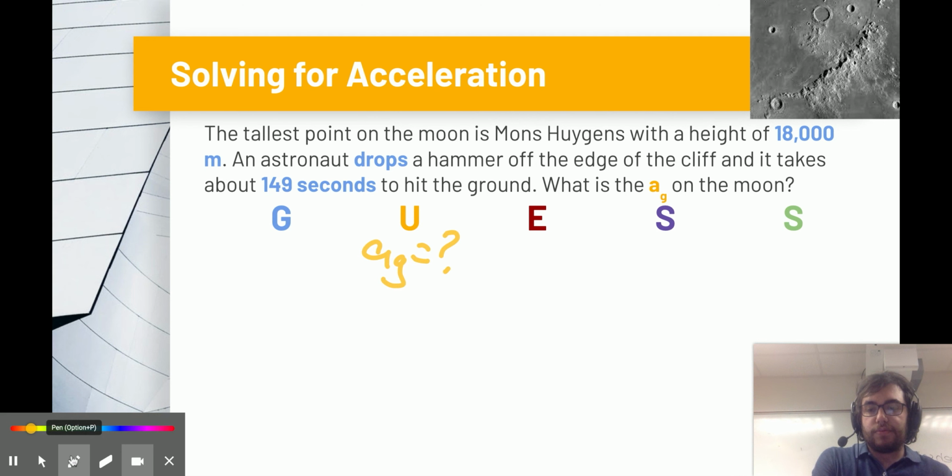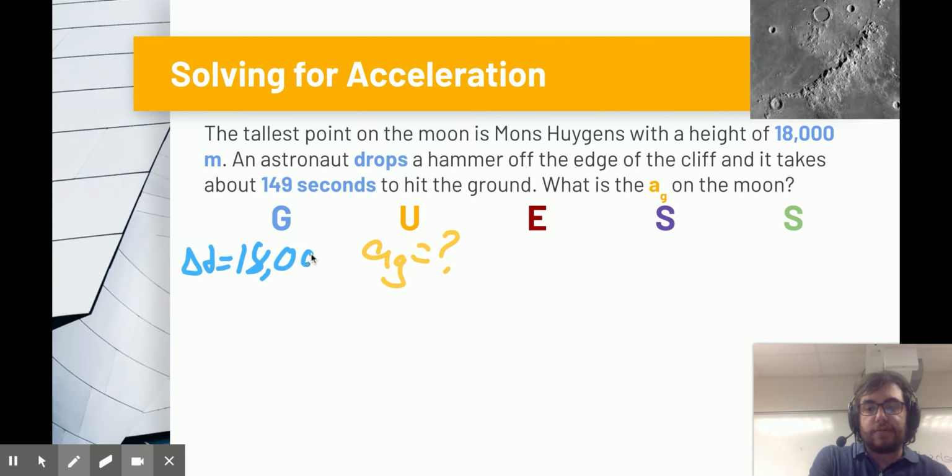On the moon. Now, with a height of 18,000 meters, that is our displacement, 18,000. When it says drops, that means Vi is equal to 0. And it takes about 149 seconds to hit the ground.